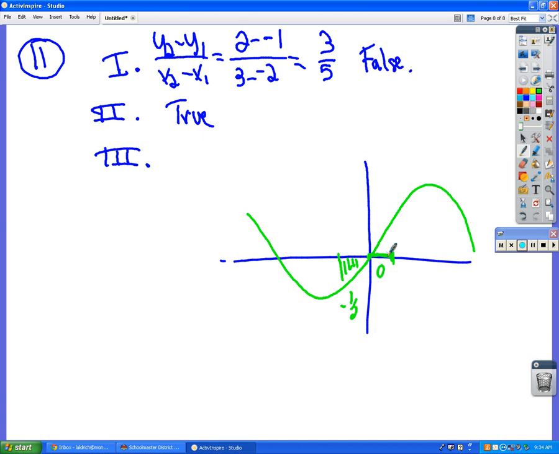So that one would be 0. And then if I go here to here, what would that be? 2. And if I go up from 2 to there, what would that rectangle be?